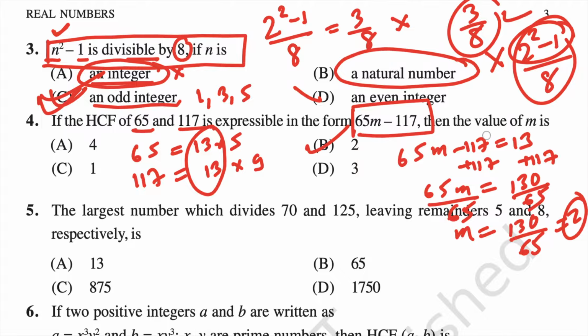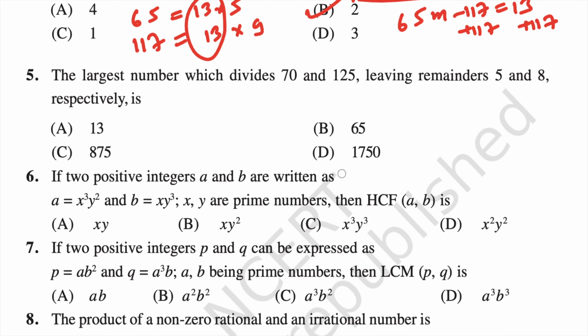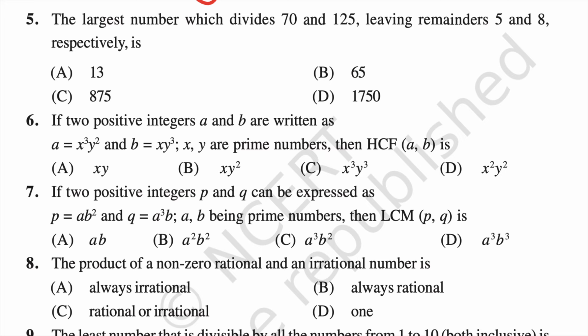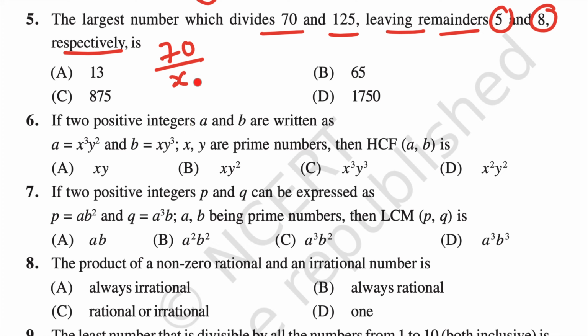Yes, let's do the next question, that is 5. The question that we have is: the largest number which divides 70 and 125, leaving remainders 5 and 8 respectively, is. Okay, when you divide 70 by a number, you are getting it in this form, x times q plus 5.